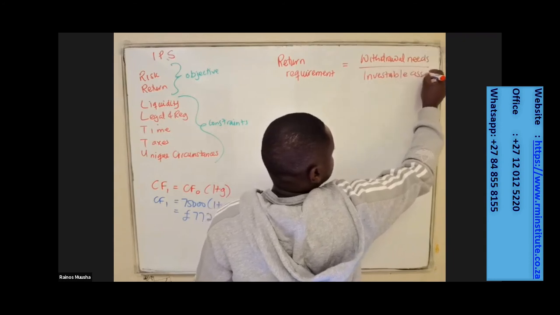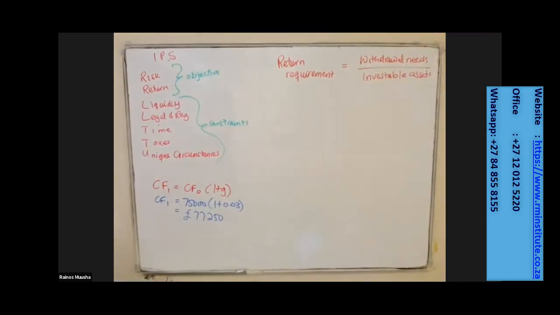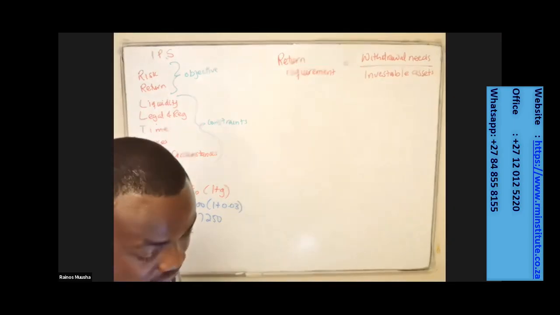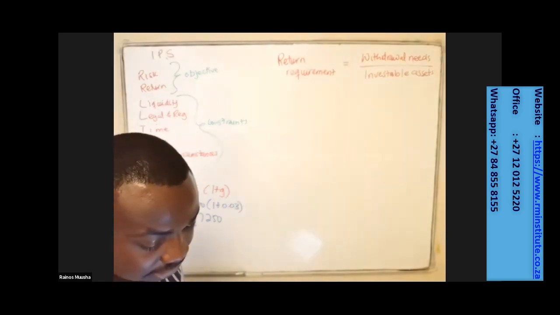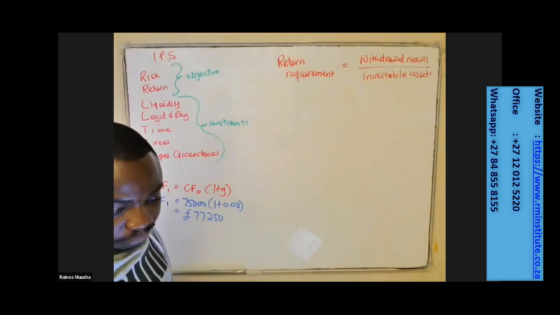The withdrawal needs divided by the value of the investable assets would give you the return requirement, and this is how you're going to determine how much the return requirement would be if they ask you to find the return requirement on that particular portfolio.